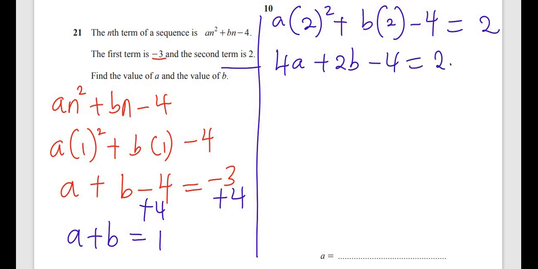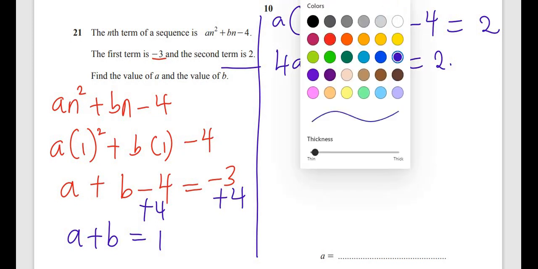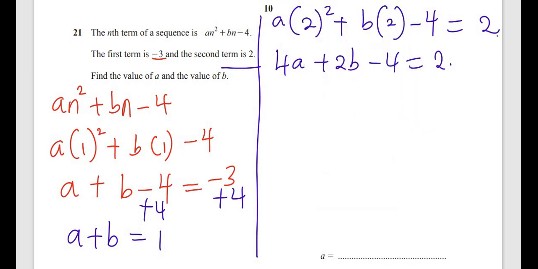So then we can again add 4 to both sides. So that means it's going to be 4a plus 2b is equal to 6, because 2 plus 4 is 6. Then again we can decide to divide through by 2.